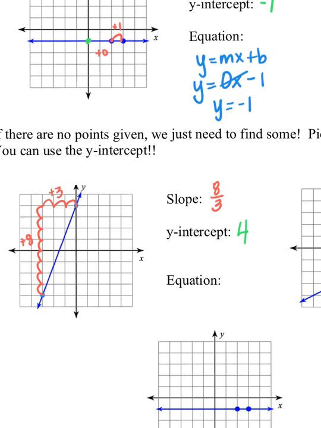So my equation of y equals mx plus b is going to be y equals my slope, 8 over 3x, and my y-intercept plus 4. And again, here's where I got this information: my slope, and my y-intercept.